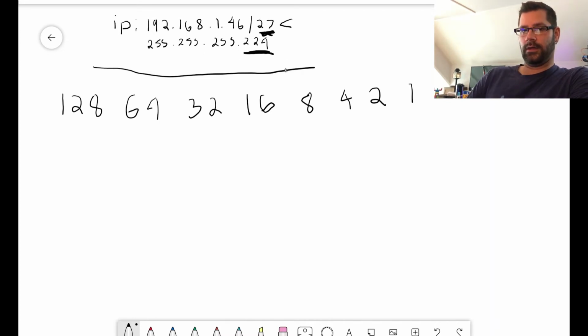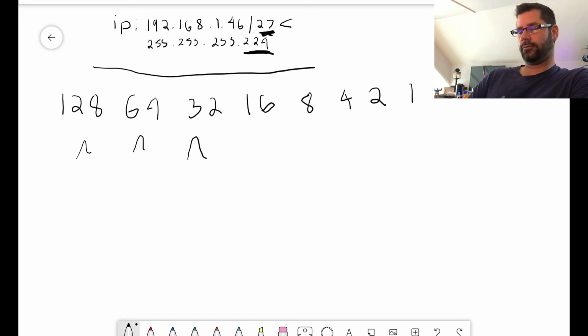This is the octet that we're dealing with, so the 4th octet. Look at the 224. You know that it's been subnetted based on that 224. And you essentially want to add up how many bits it takes to get to 224. So 128, 64, 32.